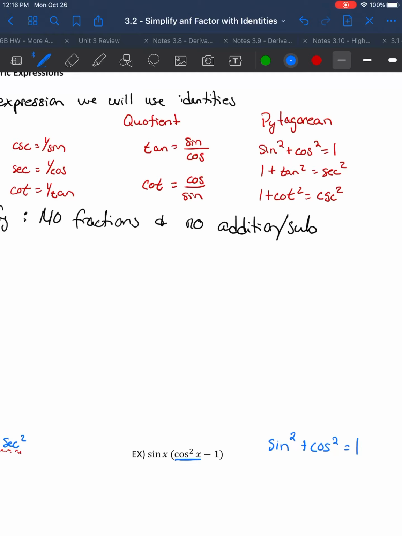Well, here I have just cosine squared. So let's look at our identity. Can we get cosine squared by itself? If we subtract sine squared, then I would have cosine squared equals 1 minus sine squared. Now, can I take what we just found cosine squared to equal and plug that into my equation where cosine squared is?